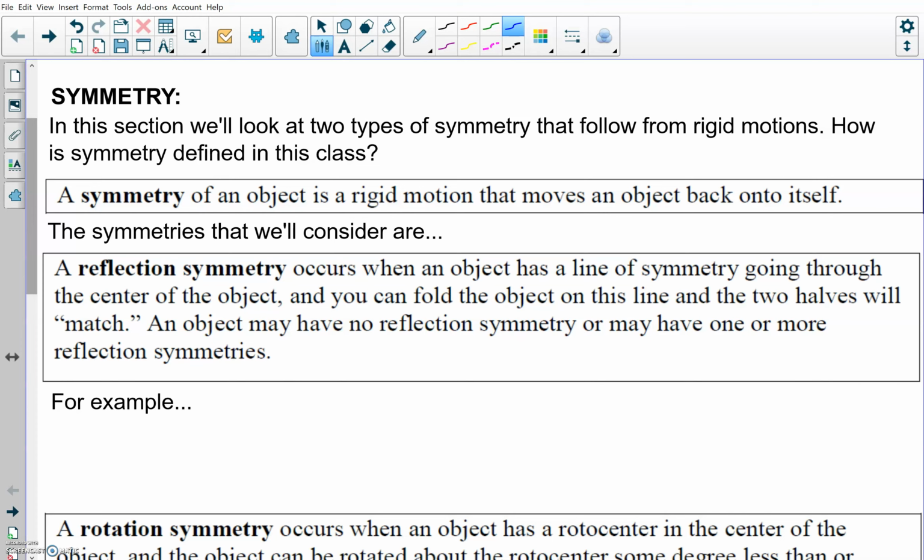So if you look at a piece of paper, if you fold it in half the long way, the halves would match. Each half would match. If you fold it across a diagonal, those halves, when you fold it up, aren't going to match. You'll have one corner popping out over to the left or right of the other corner. So the diagonal wouldn't be a line of reflection symmetry, but the line down the middle would.